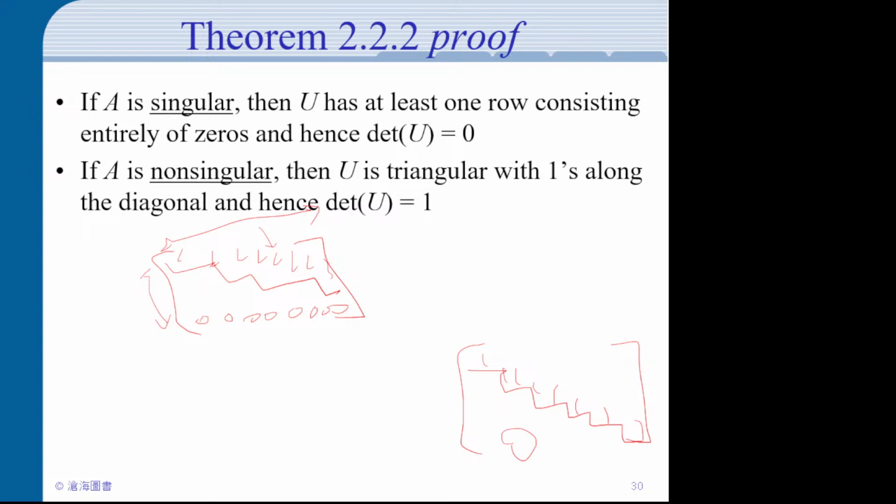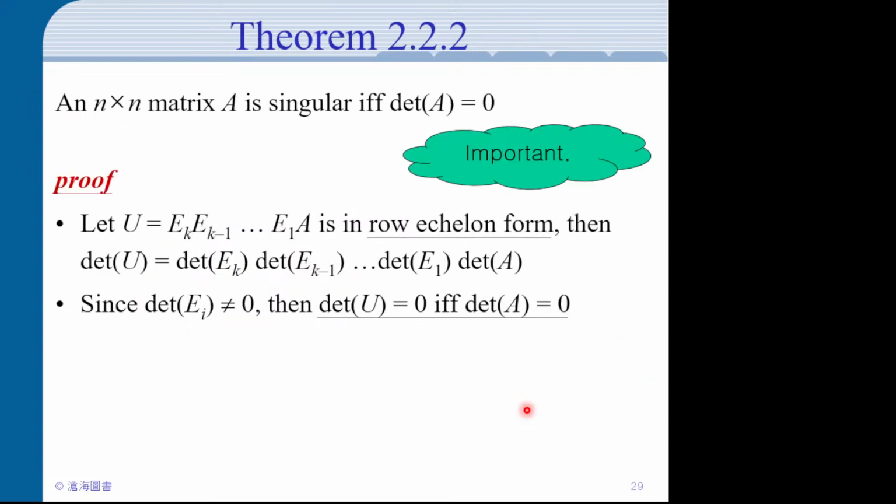From our triangular theorem, we know this U is a triangular matrix with all ones on the diagonal, so the determinant of U equals 1, which is not 0. So here we prove our theorem with these elementary matrices and row echelon form.